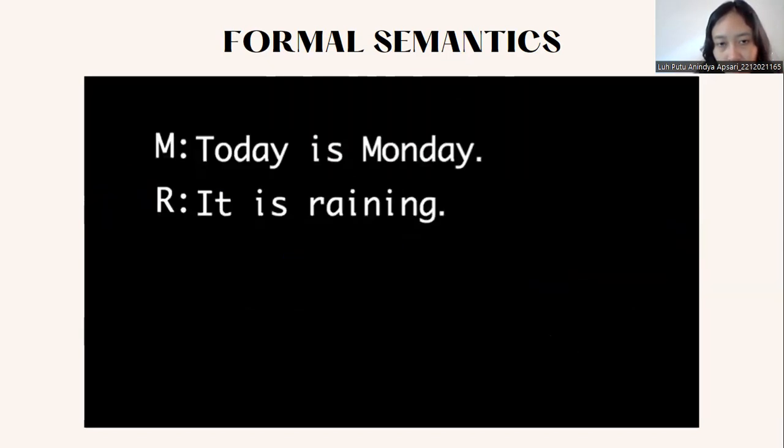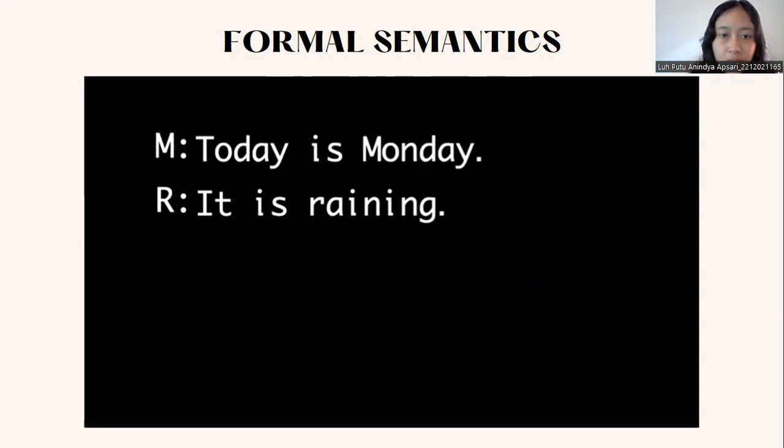Suppose our symbolization key specifies that M means today is Monday, and R means it is raining. Okay, ask yourself, is M true or false? Is R true or false? Now, I can't say because I don't know when you're going to be watching the video. I don't know what the weather will be like when you're watching the video.